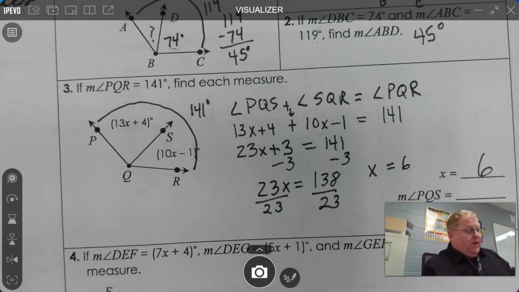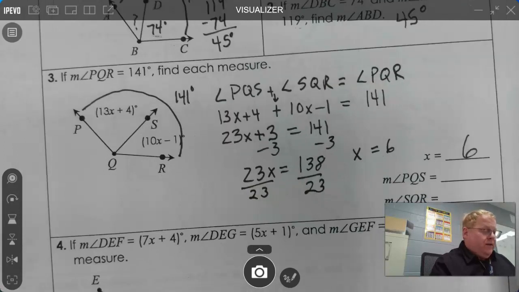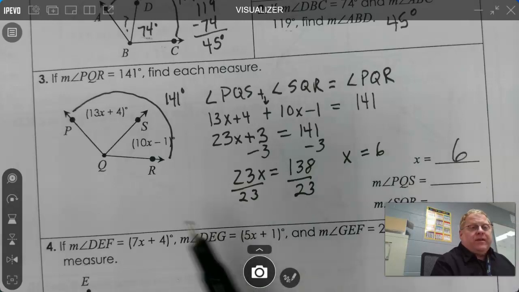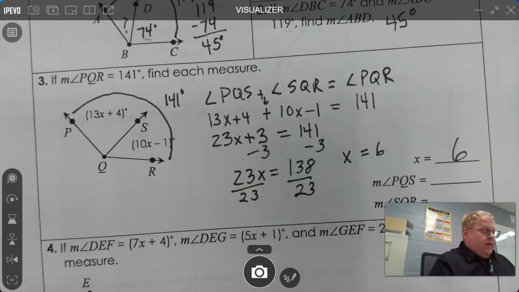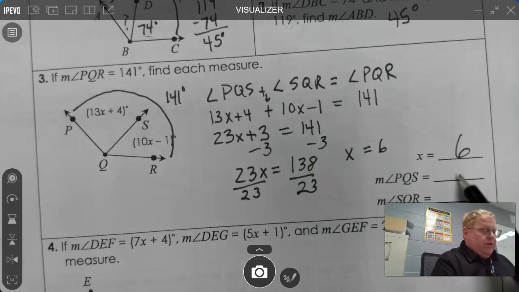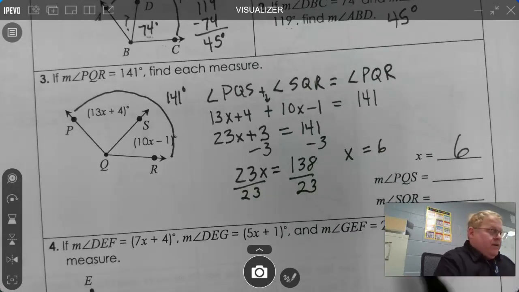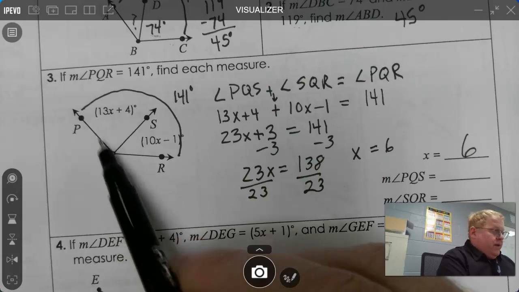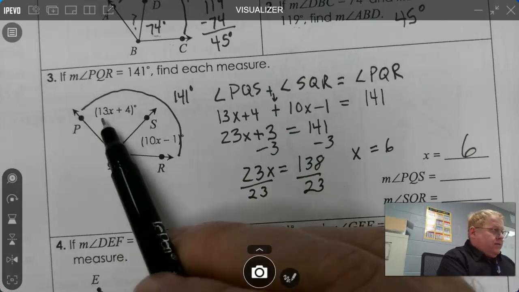Now, anytime they ask you for anything other than the variable, that means I have to plug the variable in for some of the expressions over here. Remember that the little m means measure. So we're looking for numbers here, the measure in degrees. PQS is represented by 13x plus 4.